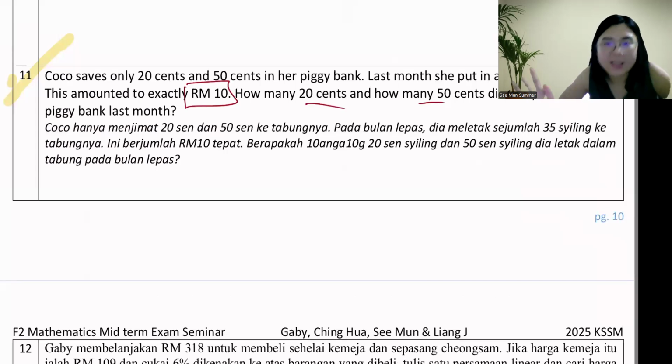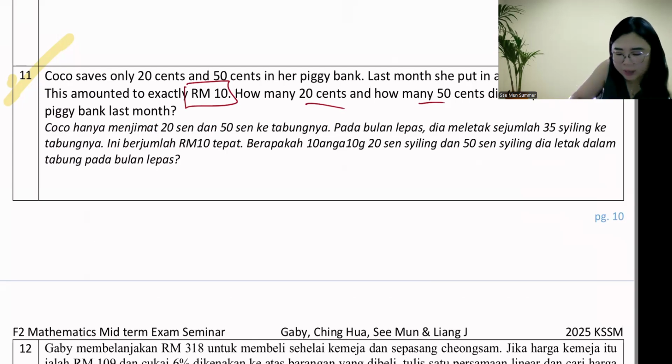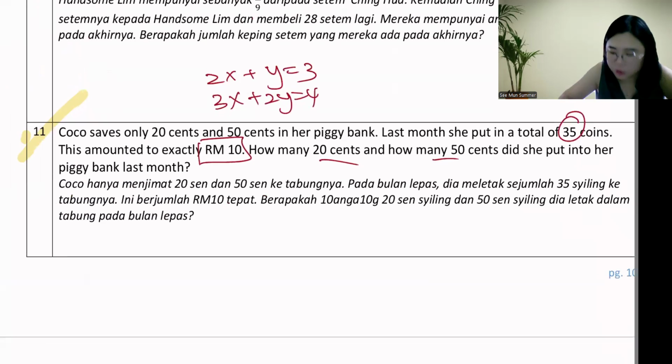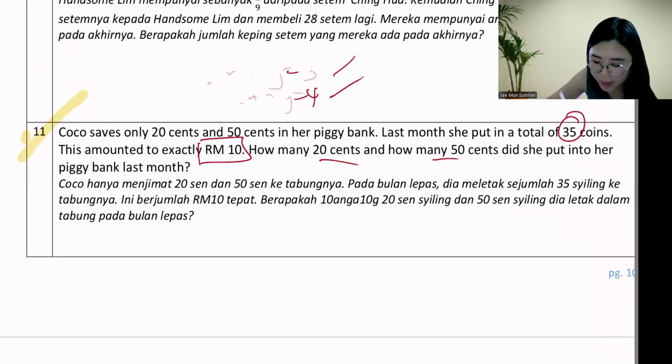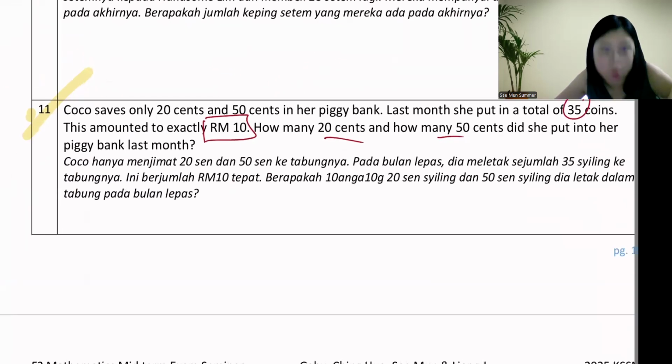Normally for simultaneous equations, they give me something like 2x plus y equals 3, and 3x plus 2y equals 4, and then you solve it. But for this kind of question, they want you to form the two equations on your own.